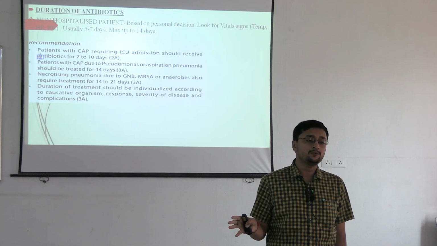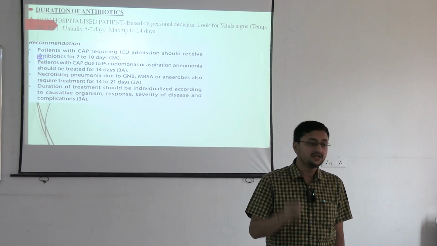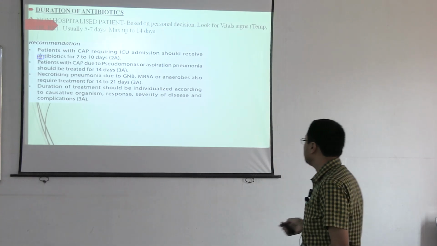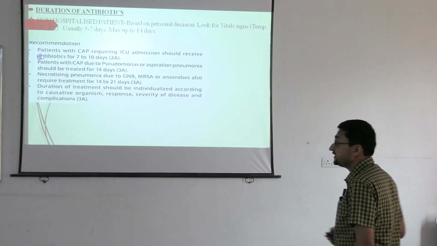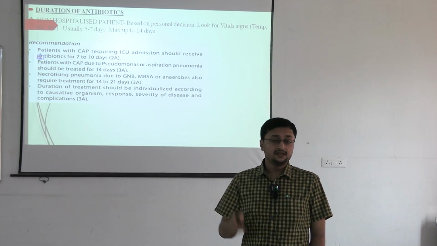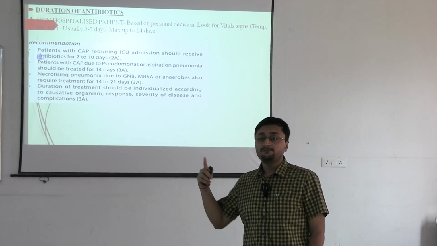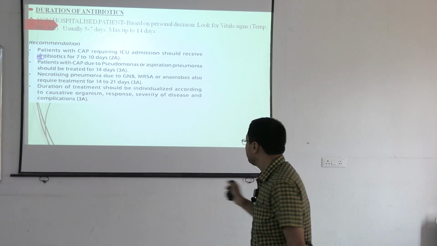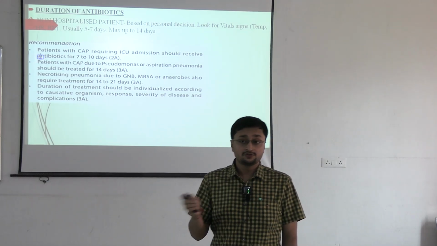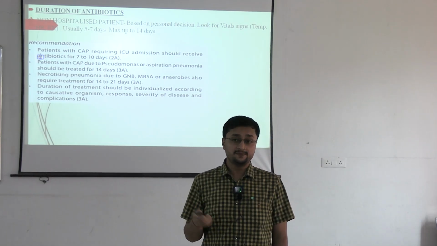There is no benefit of prolonging the antibiotic for more than 7 days, except in specific situations. In necrotizing pneumonia or lung abscess, antibiotic therapy may be for 14 to 21 days, until we see radiological resolution of the abscess.